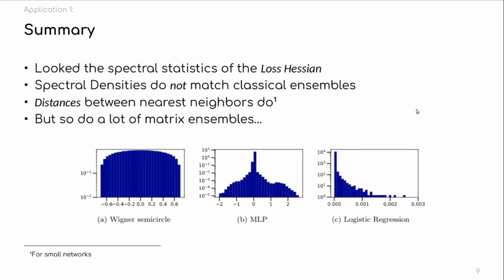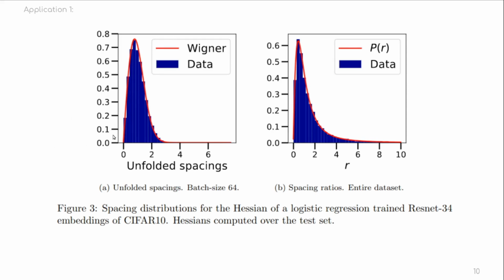So yeah, I was a little bit disappointed by this paper because they look at the spectral distribution, they say, oh yes, it does look like a Wigner surmise. Okay, cool, and unfortunately, their paper doesn't really say much about that.